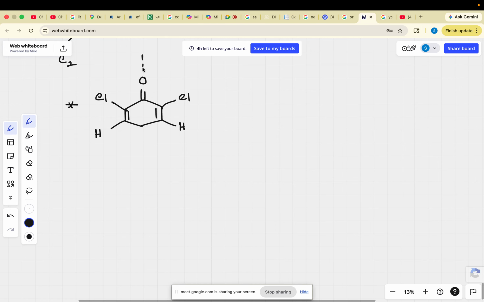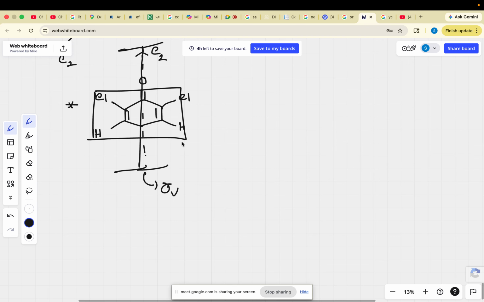What will be the principal axis of symmetry here? The principal axis of symmetry is your C2 axis. Now think about sigma v. One sigma v will be like this, if you pass the plane through this, and another sigma v will be this molecular plane. So these are the two sigma v you have.